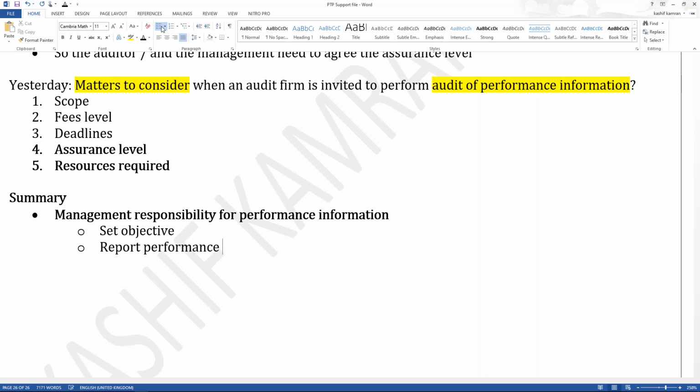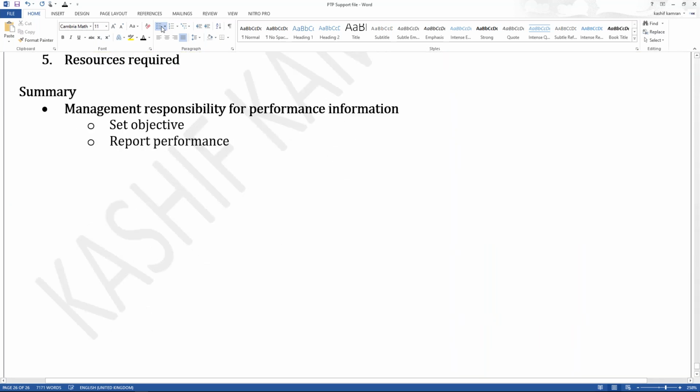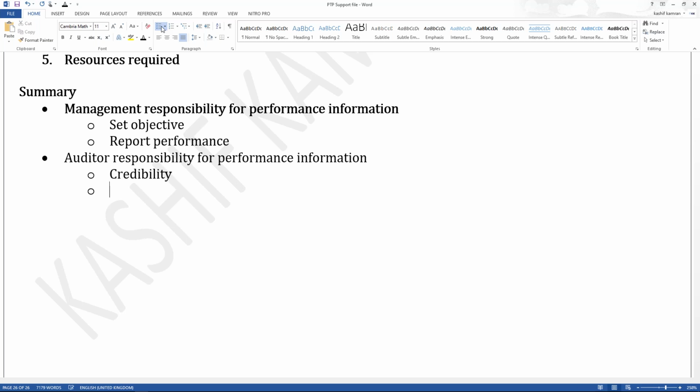Is that right? See, I'm not giving papers in March. You are giving papers in March. You need to be quick. So the management sets the objective, they report the performance, right? Good. Next, what is the auditor responsibility in case of the performance information? For performance information, the auditor responsibility is to ensure the credibility, the usefulness and the accuracy of the reported performance information, right?